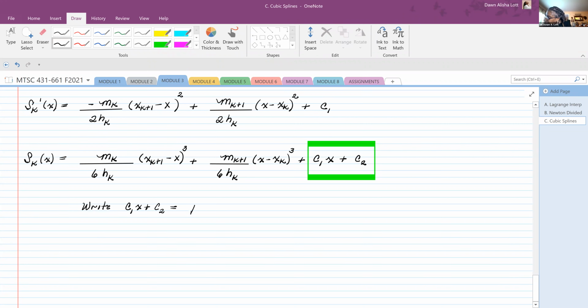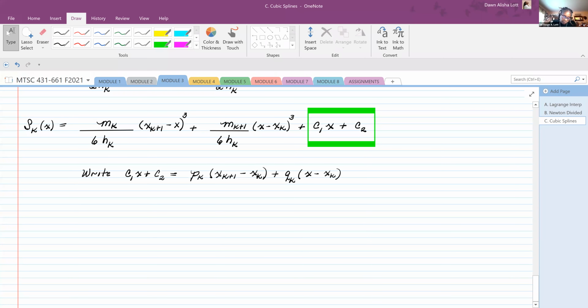So I'm going to write it as p_k times (x_{k+1} minus x) plus q_k times (x minus x_k). As you can see, it's still linear. I just like to write it like that. It's much better. All right, so obviously, we've got to figure out what p and q are.